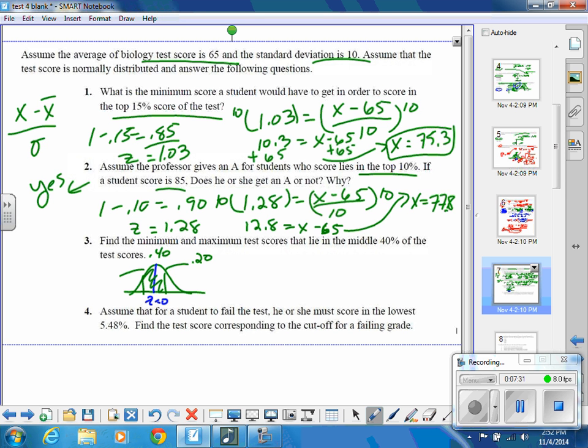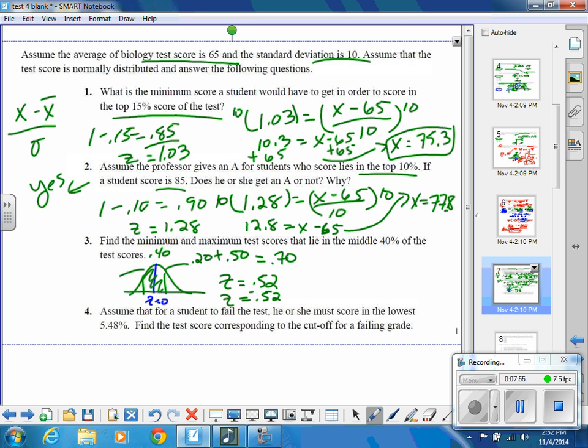So how do I do this? Remember, 0.20 plus 0.50 or 0.5 gives me 0.70. I look up in the back of my chart for the area that goes with 0.70, with closest without going over, and I end up with z is equal to 0.52.